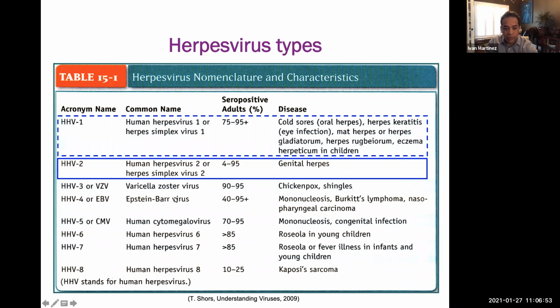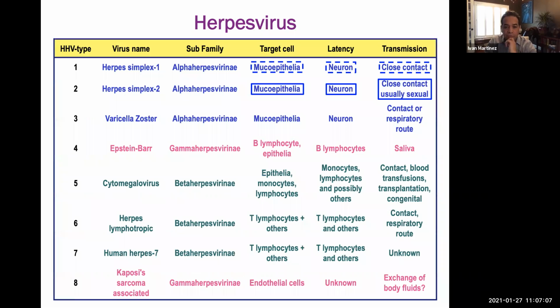But of course, varicella zoster, or chickenpox and shingles, is part of it, and herpes virus type 8 is the one causing Kaposi sarcoma. You can see here that HSV1 and HSV2 target mucoepithelial cells, but they also have latency in neurons. That's why, in a few slides ahead, I'm going to explain why we cannot get rid of them.